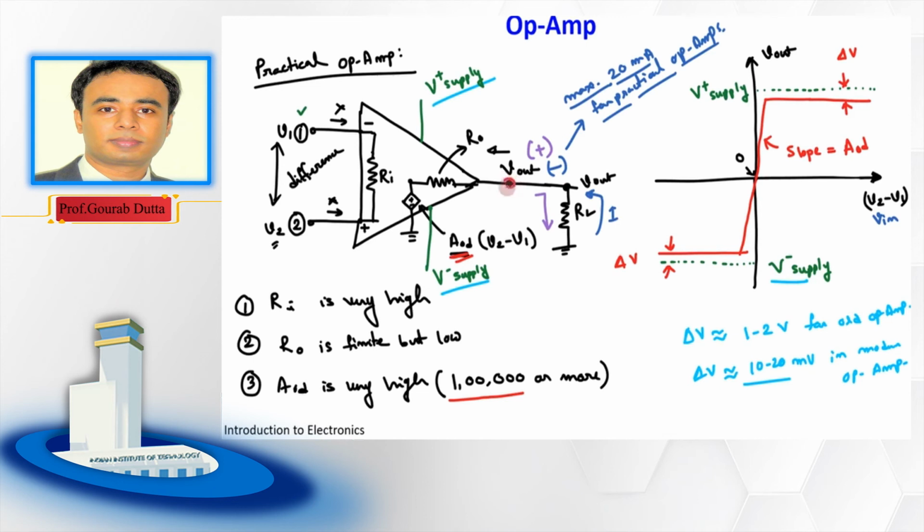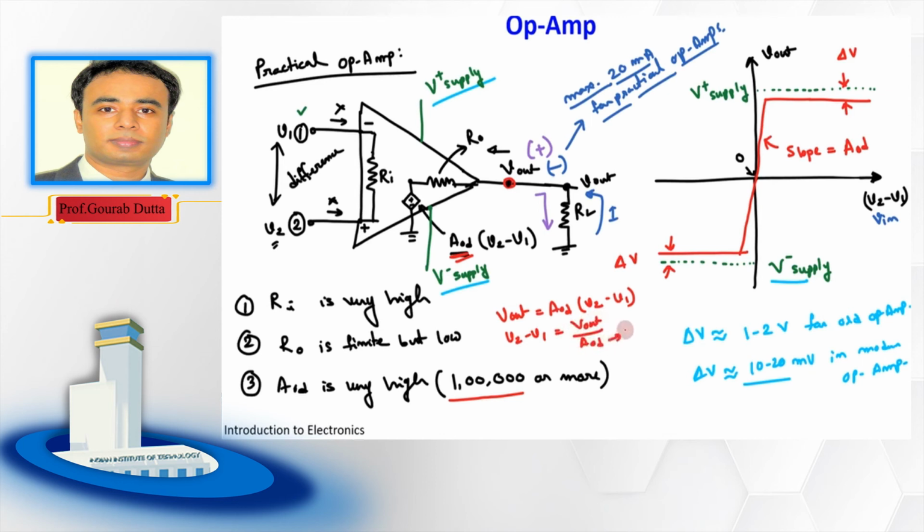So if this V output is finite, then think about this equation: V output is equal to A of OD into (V2 minus V1), or that way V2 minus V1 is equal to V output by A of OD.